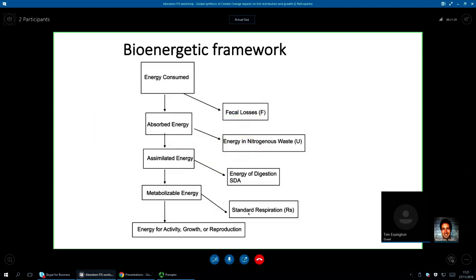So the basic idea, which is basically copied from Jim Kitchell, is that if he were to give a lecture on bioenergetics in his fish ecology class, there would be a graph that looks like this, showing how bioenergetics people think about organisms as an energy processing machine.